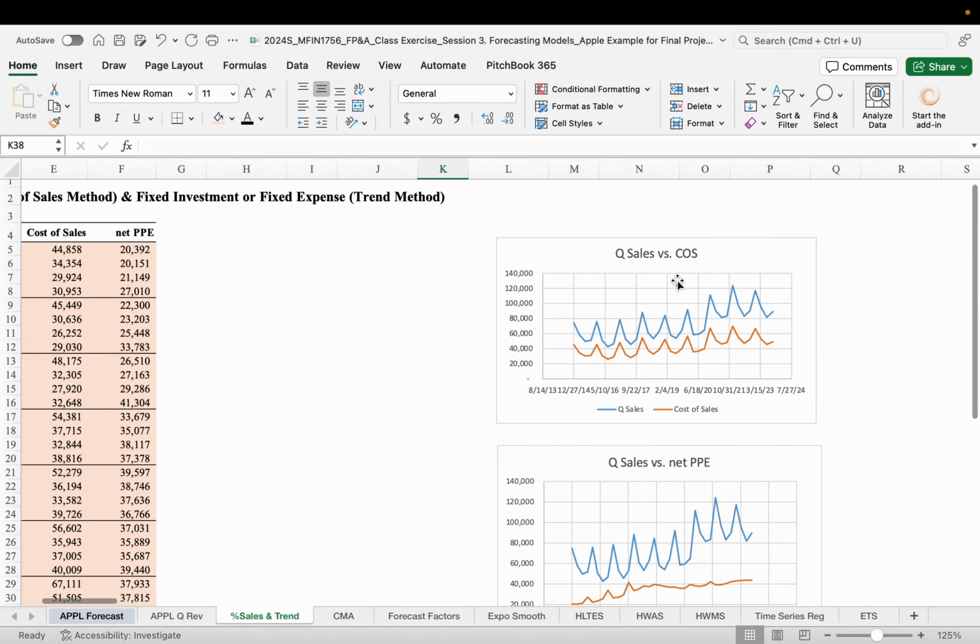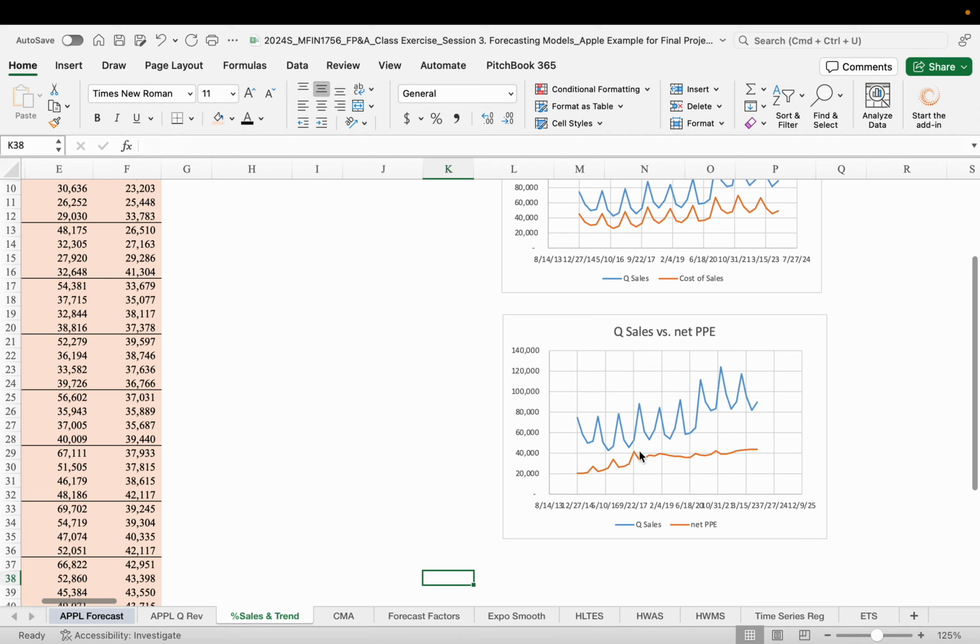For example, sales and cost of goods sold move in almost a similar way, right? Because based on the matching principle, when they sell one more product, the cost of goods sold also increases or decreases. But the net property, plant, and equipment has its own trend, right?